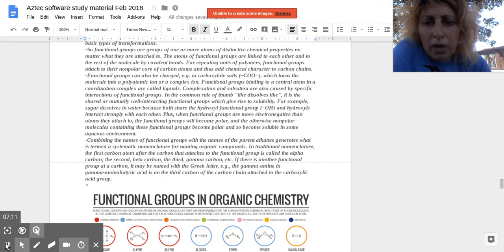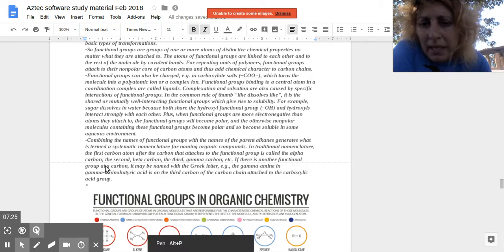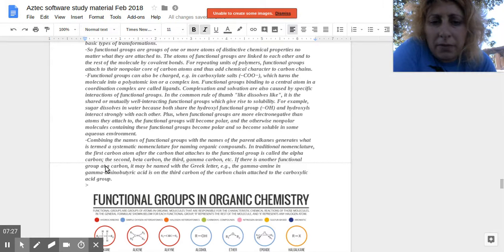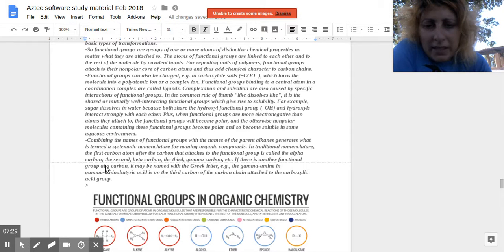When they bind to nonpolar molecules, these molecules also become polar due to the functional groups, therefore becoming soluble in aqueous environments. Combining the names of functional groups with names of parent alkanes generates the systematic nomenclature terms for naming organic compounds.